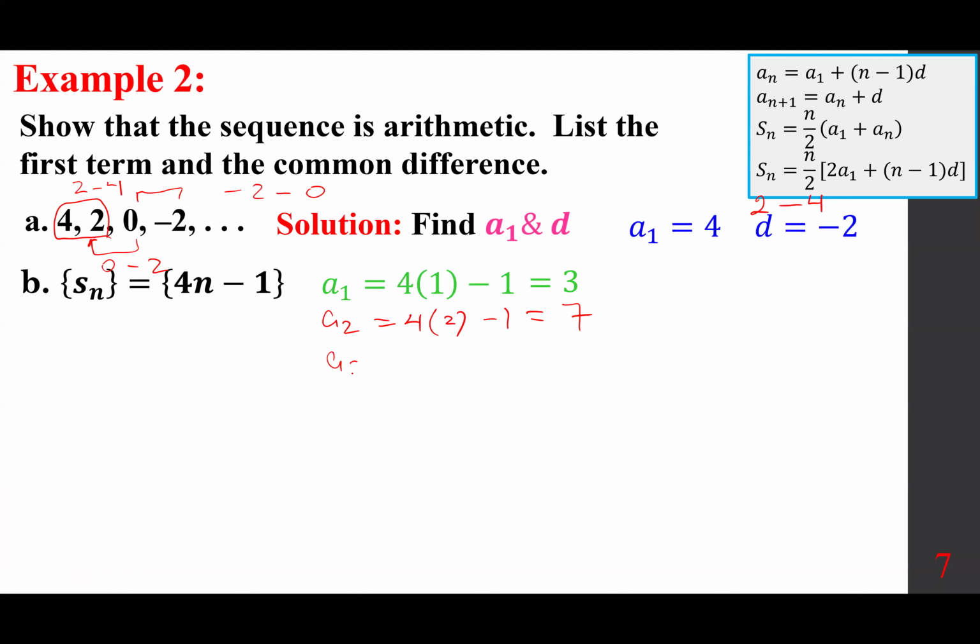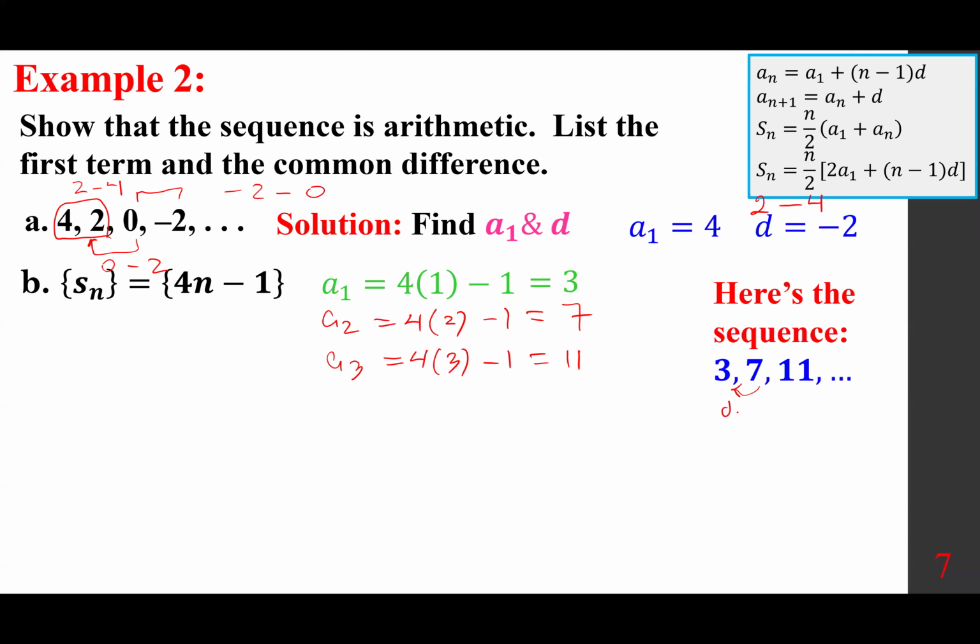I do A sub 3. 4 times 3, 12 minus 1 is 11. So I have that, and that shows me d must be 4, right? We are adding 4. And that works, and we are fine, everybody.